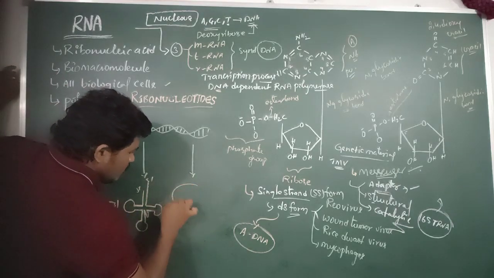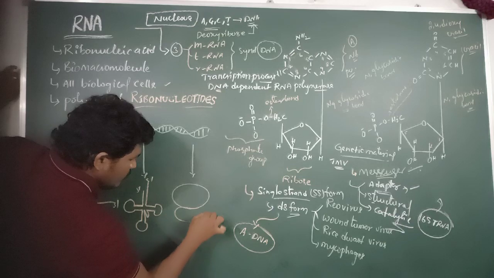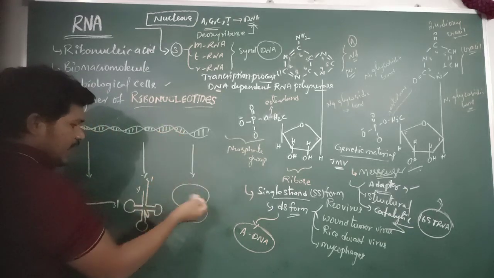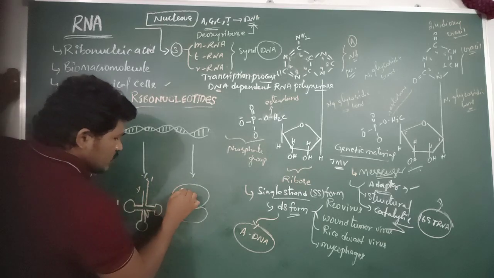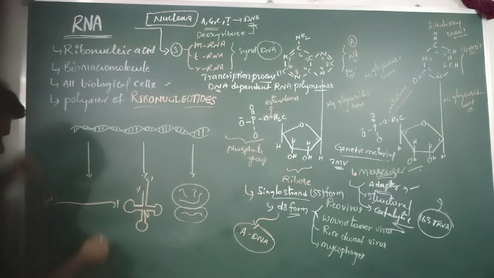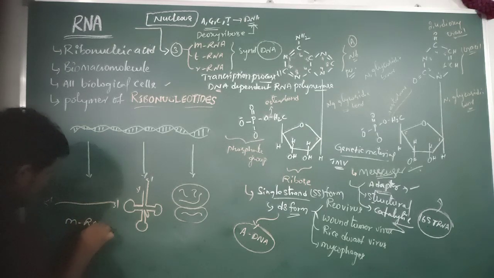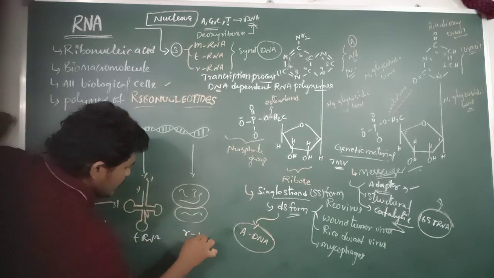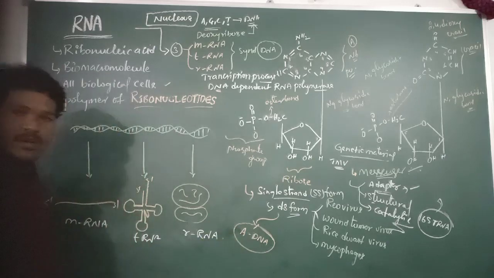And the ribosomal RNA is mainly found in the ribosome. So this is the mRNA, this is the tRNA and this is rRNA.